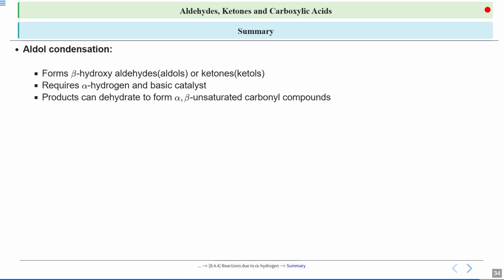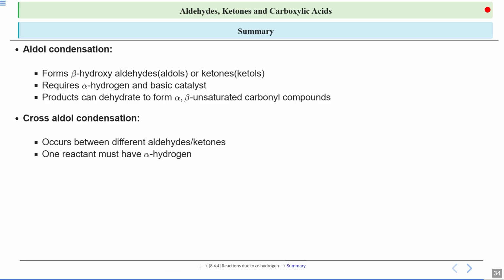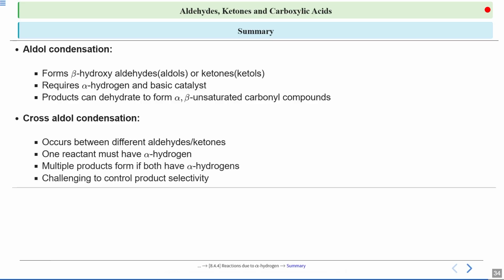The products can dehydrate to form alpha beta unsaturated carbonyl compounds, so that when you remove the water, it will form alpha beta unsaturated carbonyl compounds. Similarly, we talked about cross-aldol reaction. It occurs between different aldehydes or ketones. One reactant must have alpha hydrogen, and multiple products form if both have alpha hydrogen. So it is challenging to control the selectivity.